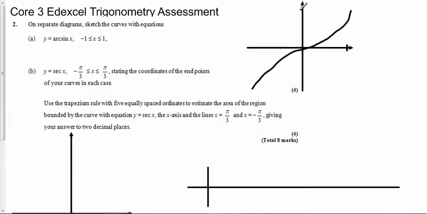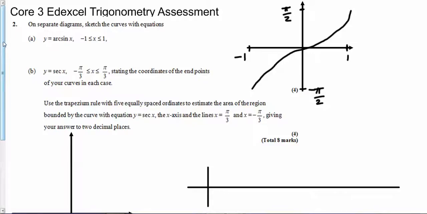So instead of 1 being on the vertical axis, it's on the horizontal, so it goes from minus 1 to 1. And then on the vertical axis, again, these will switch around, so we end up going up to pi over 2 and down to minus pi over 2, in both cases positive and negative pi over 2.